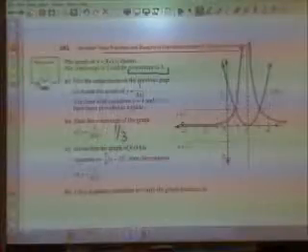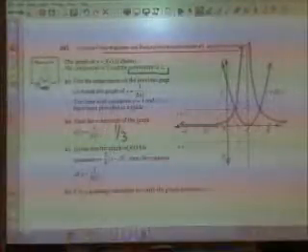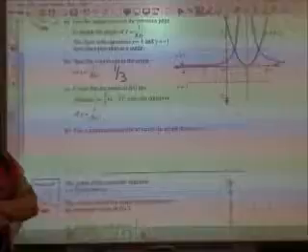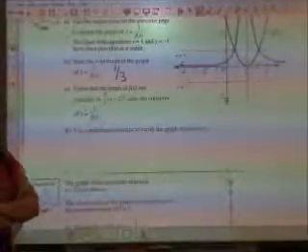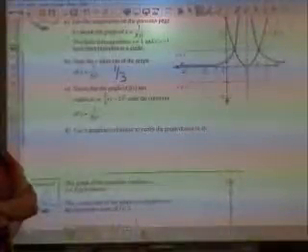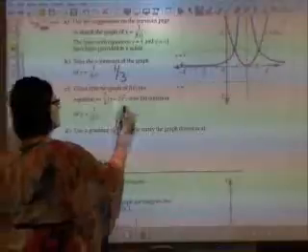Okay? So then it says, given that the equation of f of x is 3/4 (x minus 2) squared, what would be my reciprocal? What are you writing down, Rachel?